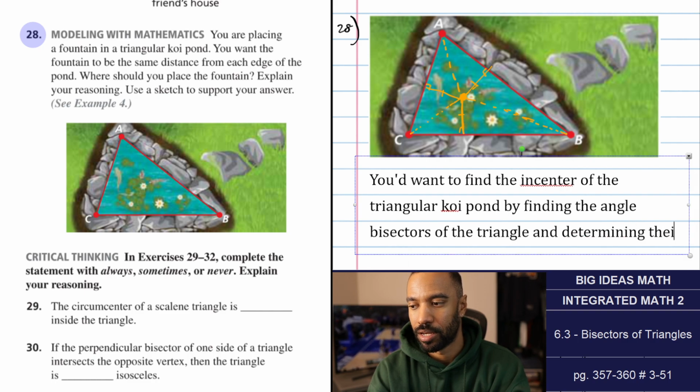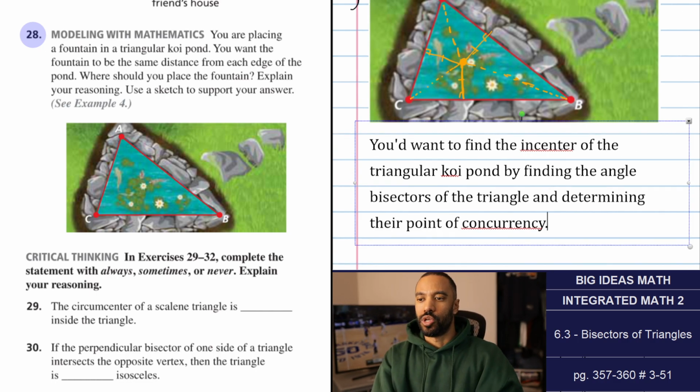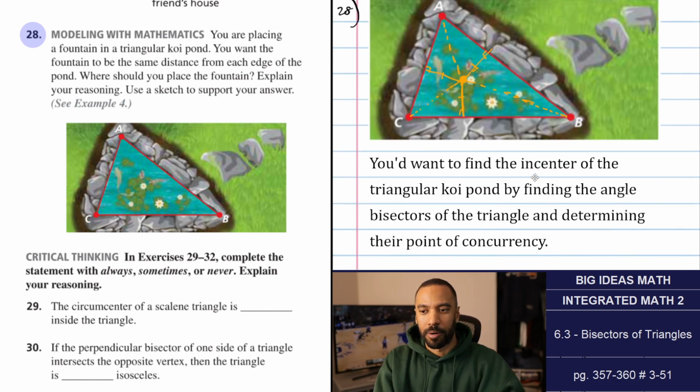Sorry, I'm trying to get the English right. Because you don't have to do anything else from there. It's not about perpendicular bisectors. You found the incenter. That's what you'd want to find in that situation.